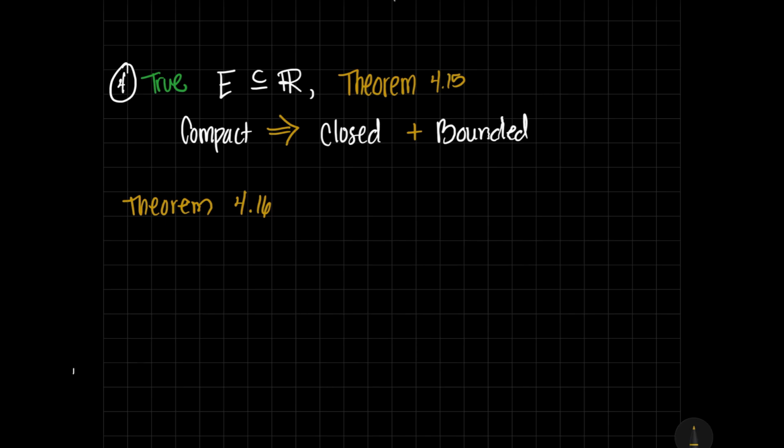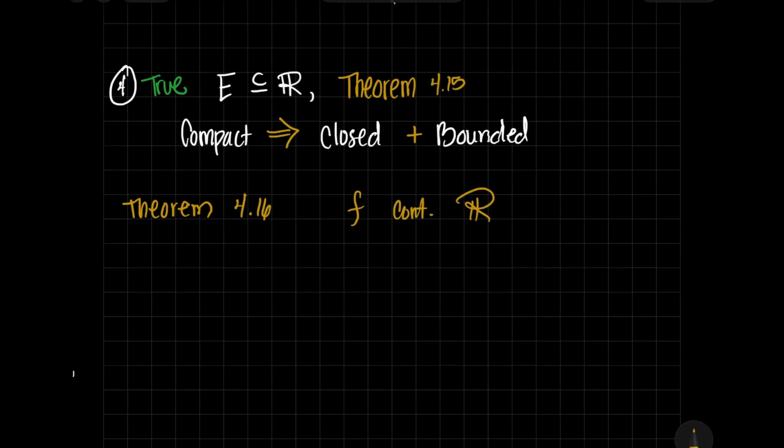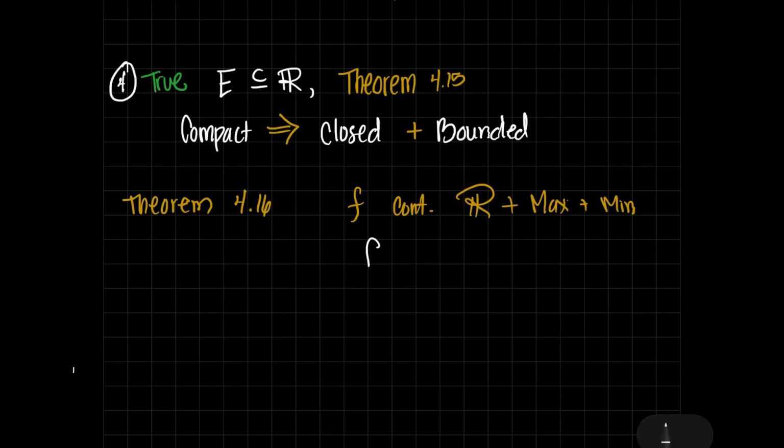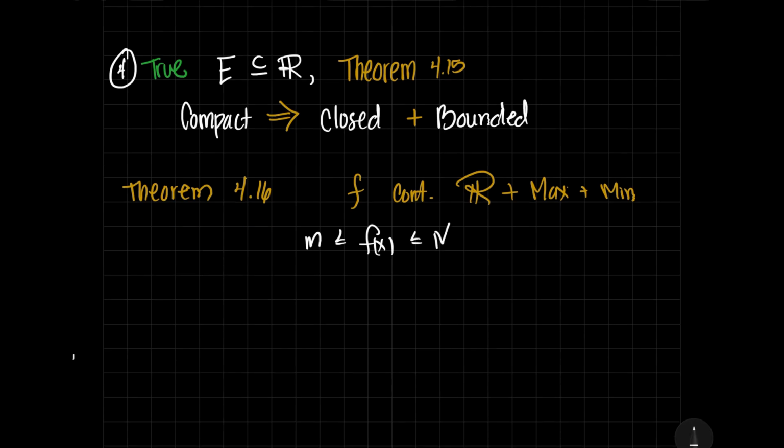This tells us that the continuous real-valued function attains both a maximum and a minimum, with our function everywhere in the middle. So for every x in the set, the function is bounded.